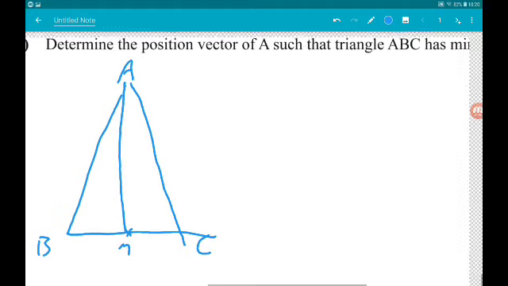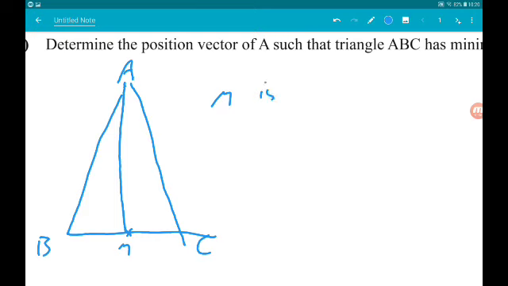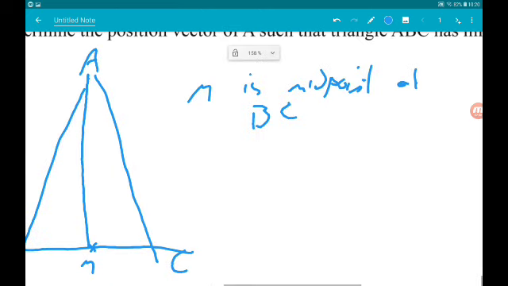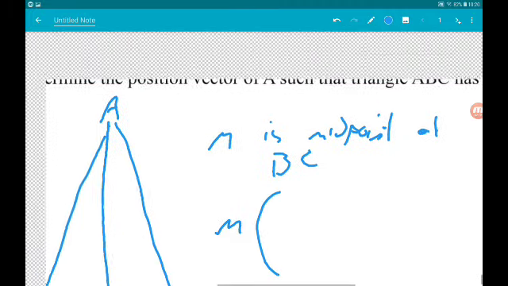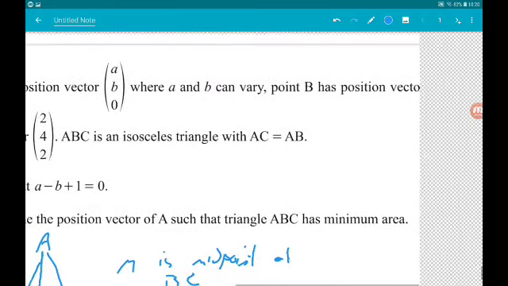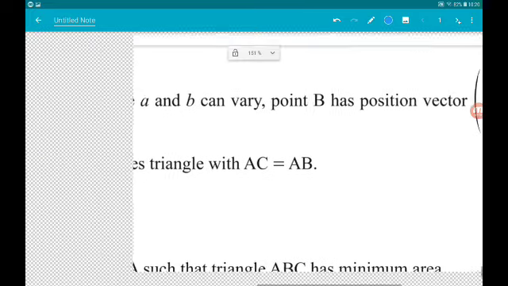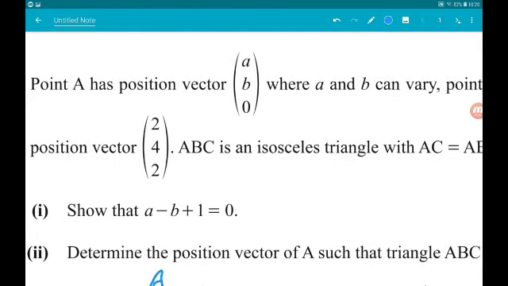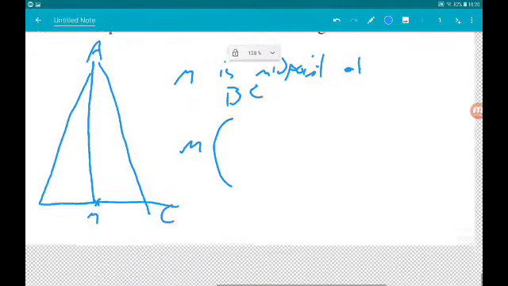So M is the midpoint of BC. Now we can find it. So M is going to have the mean coordinates of B and C. So M is going to be, so the x coordinate of B is 4, the x coordinate of C is 2, so 2 add 4 over 2.